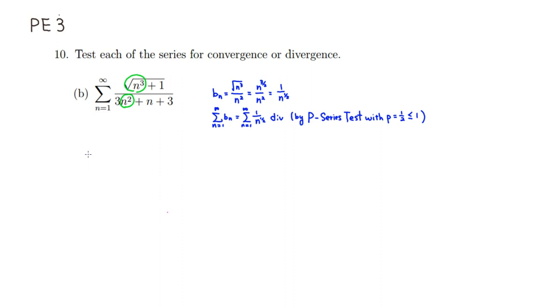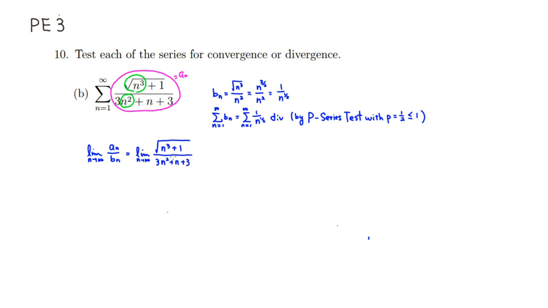To establish that, we need to take the limit as n approaches infinity of an over bn, where this is our an. So we have the limit as n approaches infinity, and an is just the original one, so I'll copy it: the square root of n cubed plus 1 over 3n squared plus n plus 3.